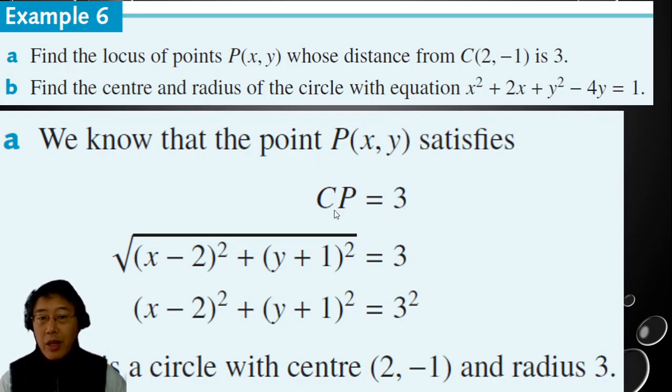You use Pythagoras to express the distance CP in algebraic form. You square that and that gives you the locus representation, and you can read from that the coordinates of the center, and 3 squared will give you the radius of 3.